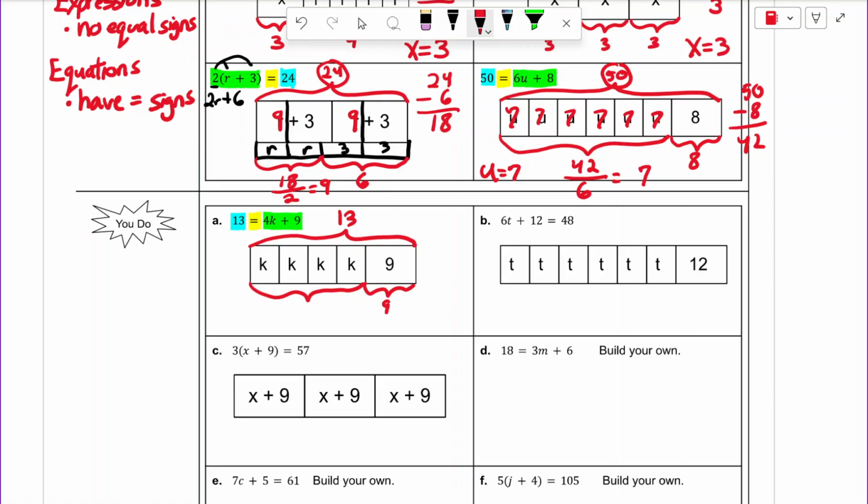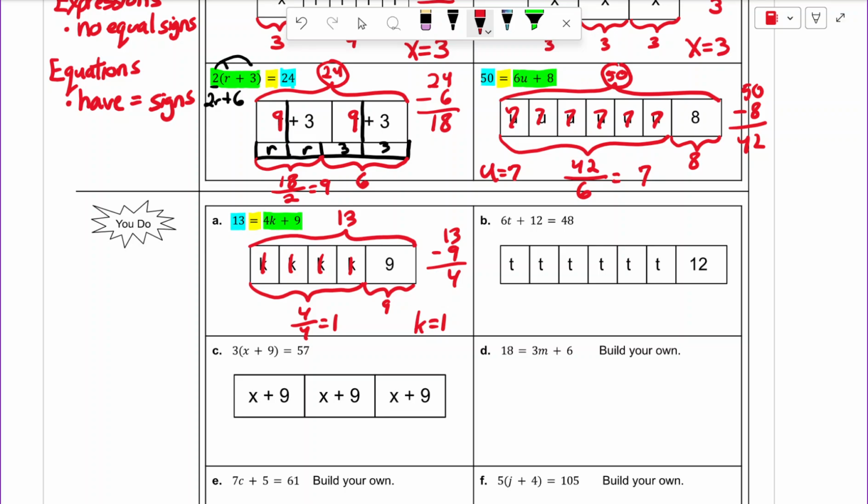Okay, so let's take 13 and subtract 9, and that's going to be 4. So these 4k's are worth 4. Well, how many k's are there? There are 4 of them, so we're going to divide this by 4, and we get 1. So k is 1. Does that work out? 1, 1, 1, and 1? It sure does. 13.